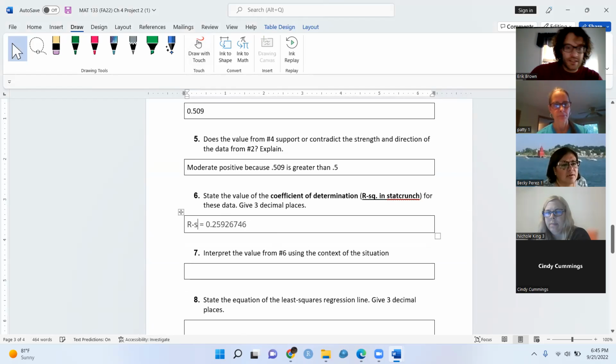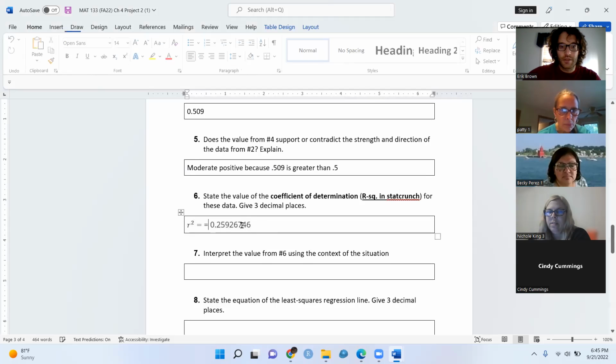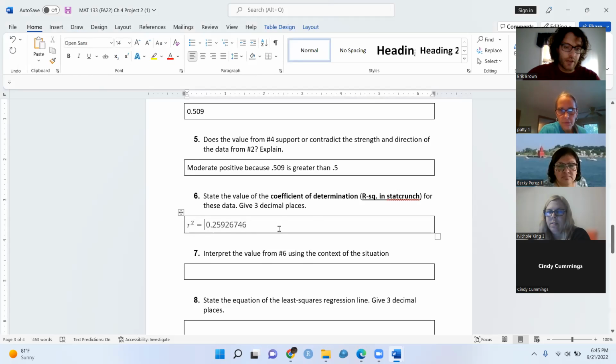Well, you're also going to see that sometimes it's not capitalized. What's your preference? I don't care, as long as you know R squared and coefficient of determination are the same thing. Mostly how it shows up is it says write the number. Like I remember on the midterm I graded, it just says write the number for R squared, so you don't even need to write it because it's in the question.